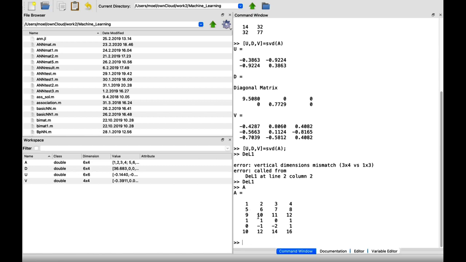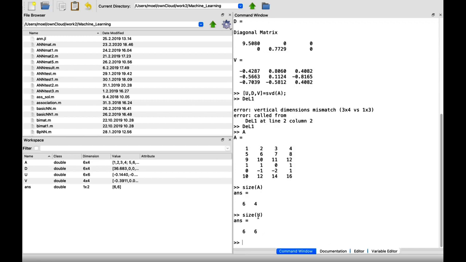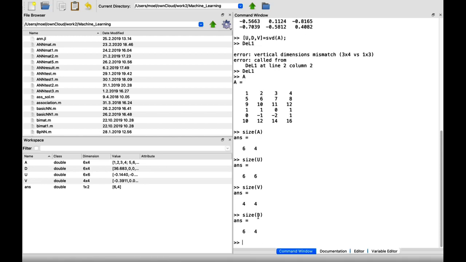By the way, you can read the size of any matrix in Octave by just writing size of, for example, A. You can see that it is 6 by 4. If you write size of U, it is 6 by 6. Size of V is 4 by 4. What do you think the size of D should be? Yes, it is 6 by 4.